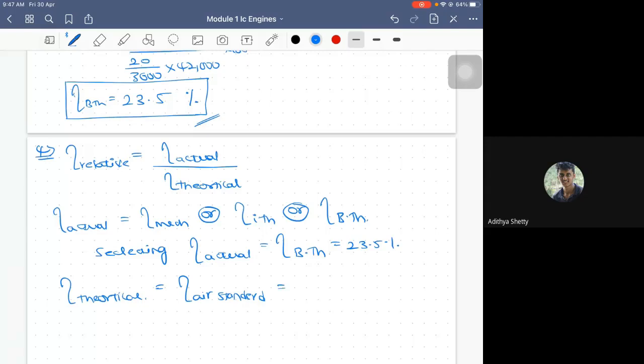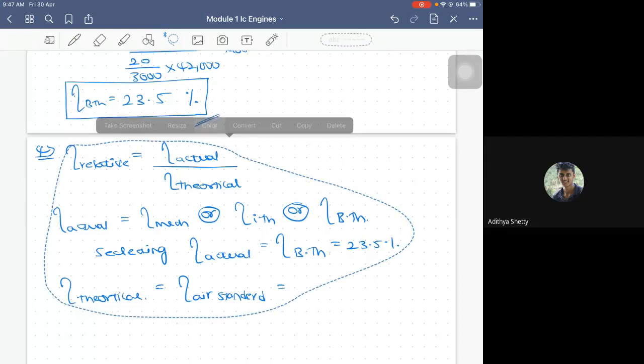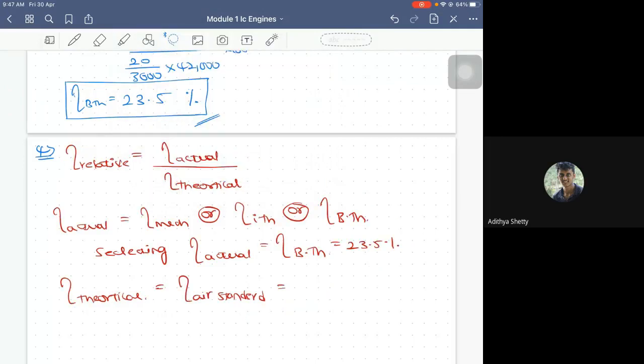I will just change the color, since it's a new concept. So it is air standard efficiency, the air standard efficiencies of all the cycles. It might be Otto, diesel, dual. All the cycles we have calculated in the previous part. Since we have not dealt with it, I would give you the formula directly.